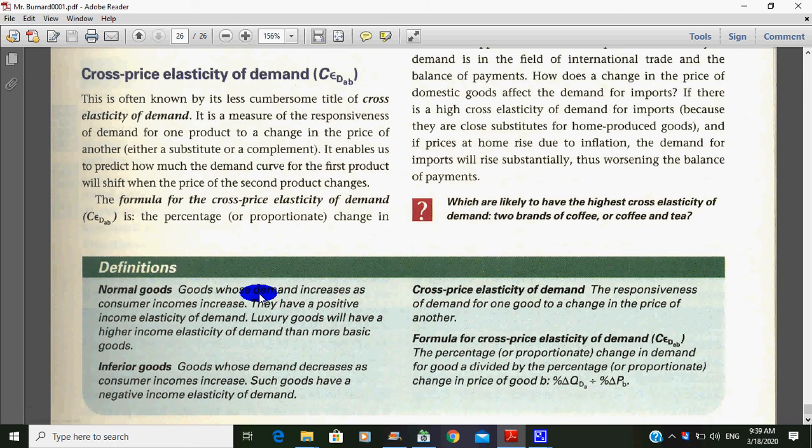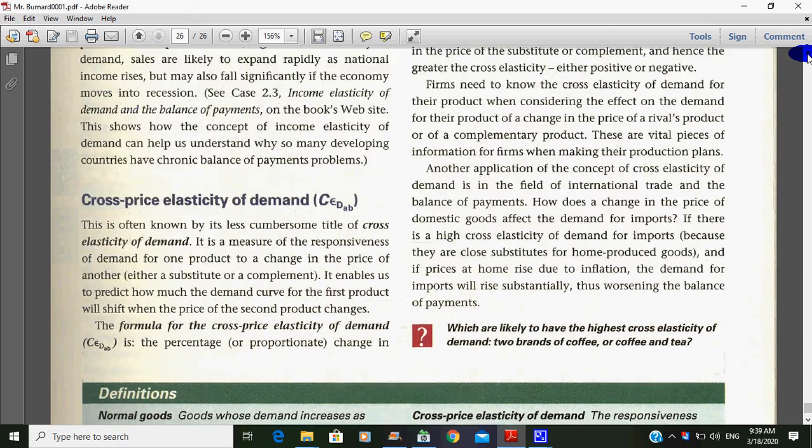So goods whose demand increases as consumer incomes increase are what? Normal goods. They have a what? Positive elasticity of demand. Inferior goods now are goods whose demand decreases as consumer incomes increase. Such goods have a what? Negative income elasticity of demand. Alright? Note that.